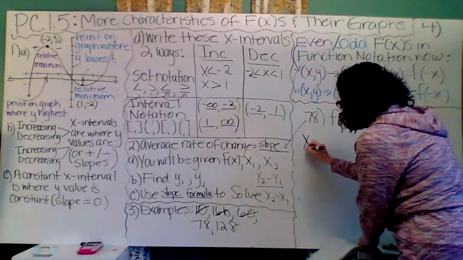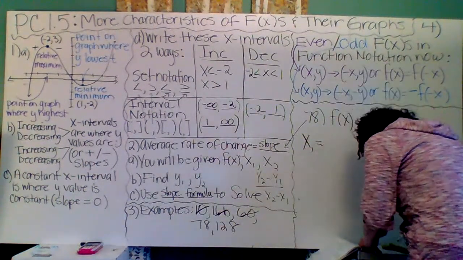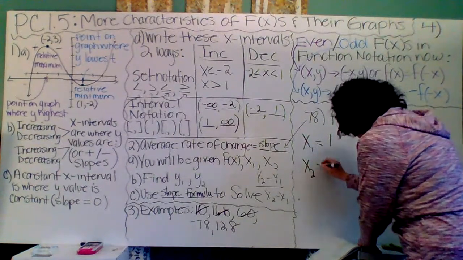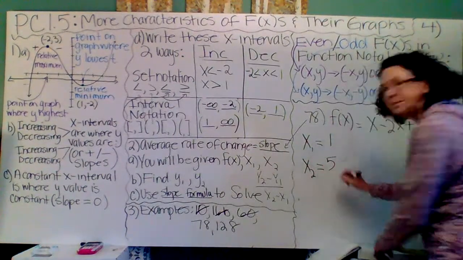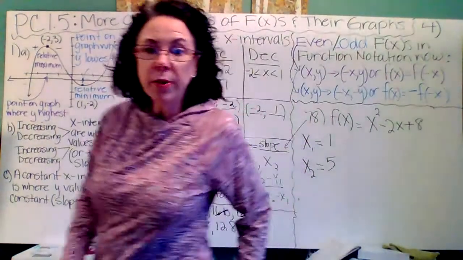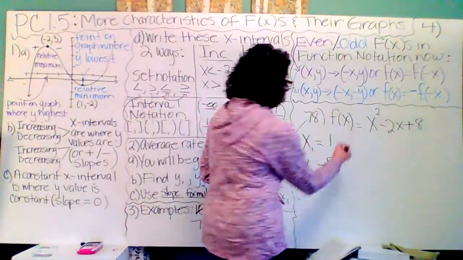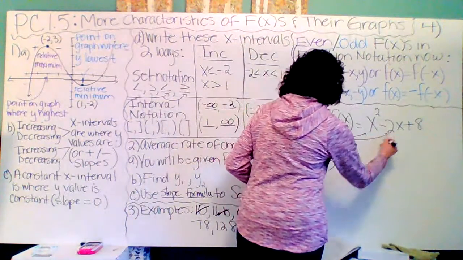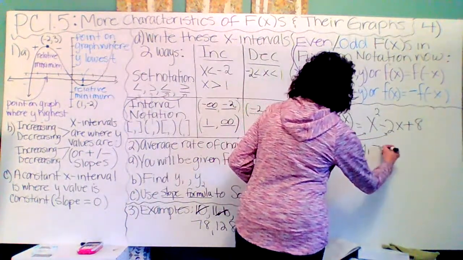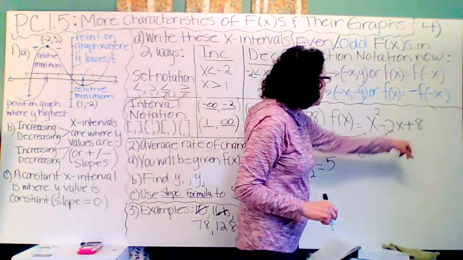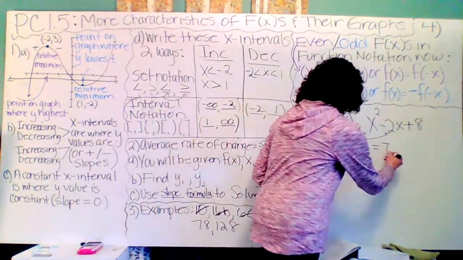And they give you x1 is equal to 1 and x2 is equal to 5. Okay, so what do you do with this? You first put in x1 to get the y1 that goes with it. So when I put a 1 in, this is 1 minus 2, negative 1 plus 8 is 7.